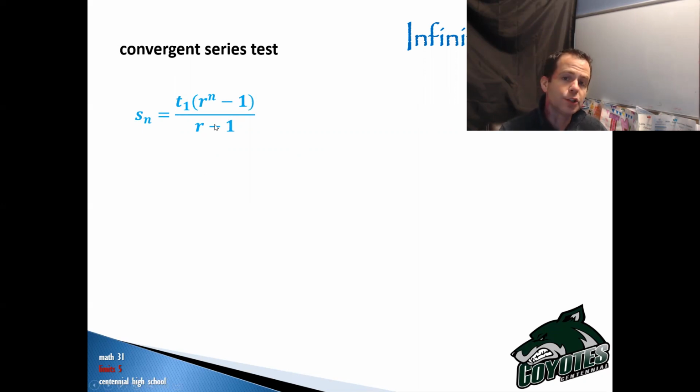Nothing's changed. I just wrote the formula there. But now, just like I did the first time, I'm going to factor out a negative 1 from here, so that's going to become negative t1, and then this will become 1 minus r to the n. And at the same time, I'm going to factor out a negative 1 from here as well, so that'll become 1 minus r.